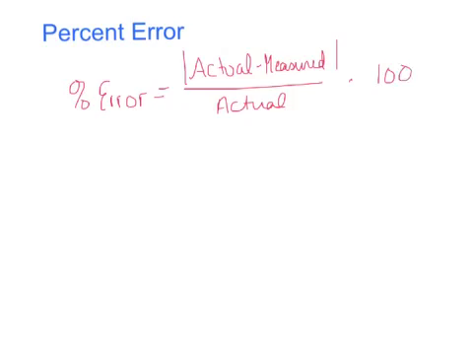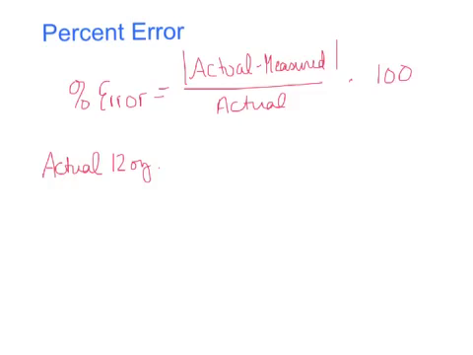A lot of factories will do this sort of for quality control. So let's say that somebody is trying to measure the amount of liquid in a 12-ounce can. So let's say the actual amount is supposed to be 12 ounces.